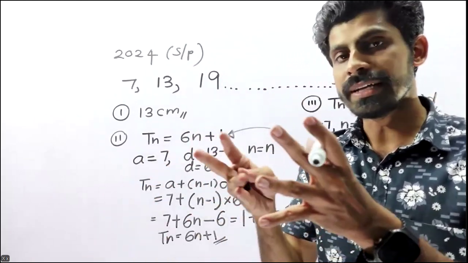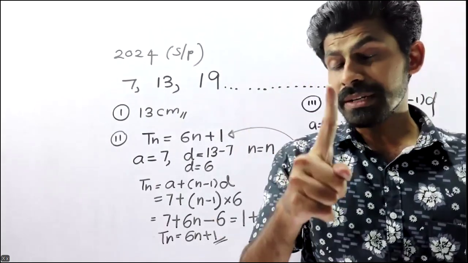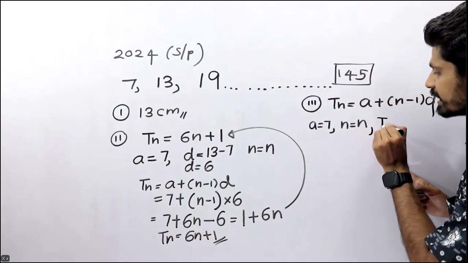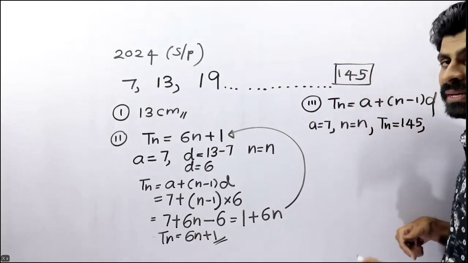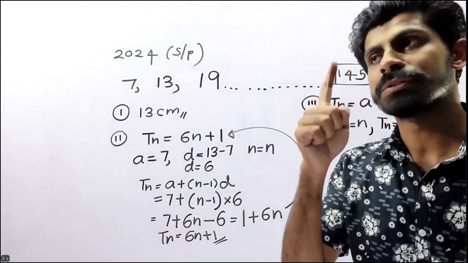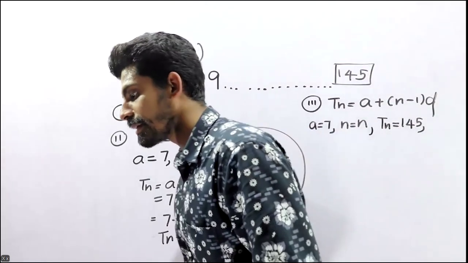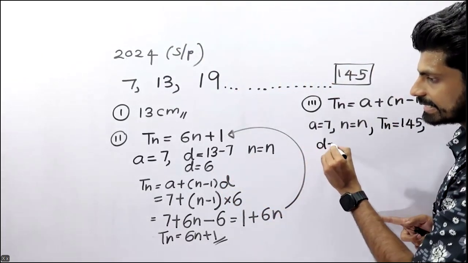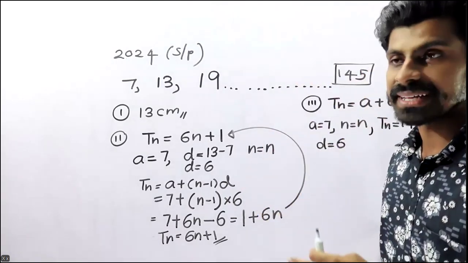So therefore we take n equals n. But we know Tn, the nth term. Tn equals 145. The D value is already given: D equals 6, very easy.